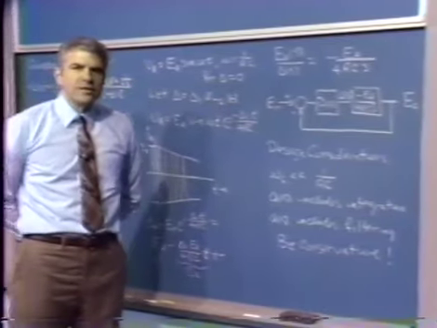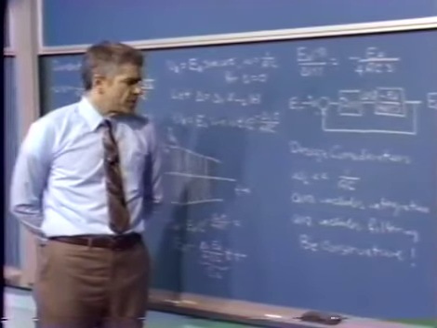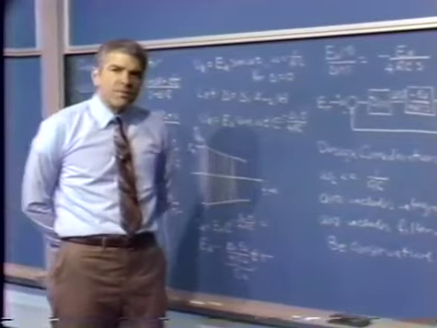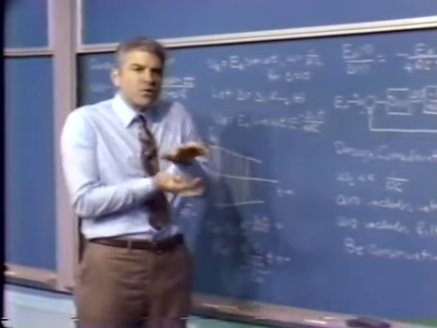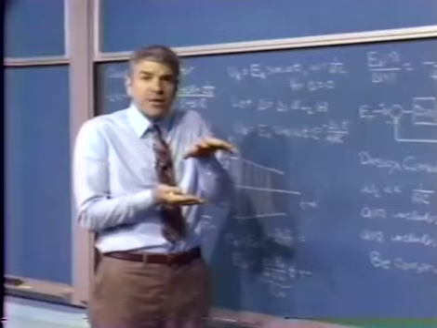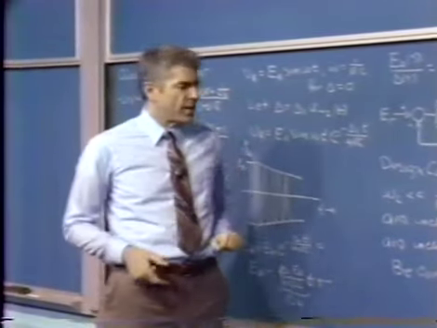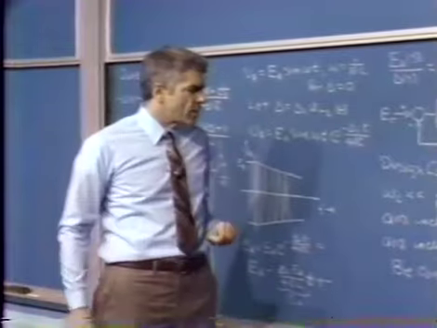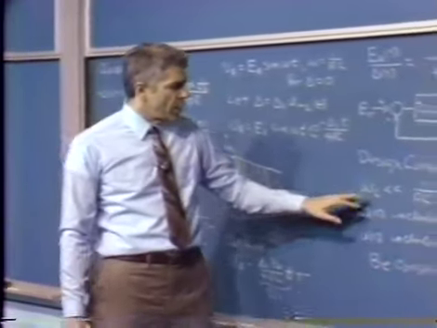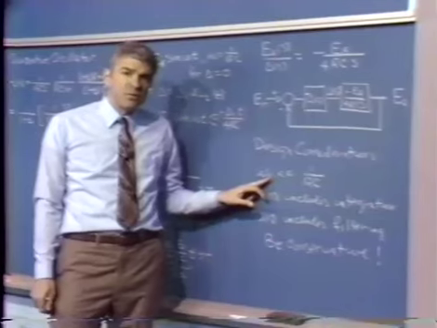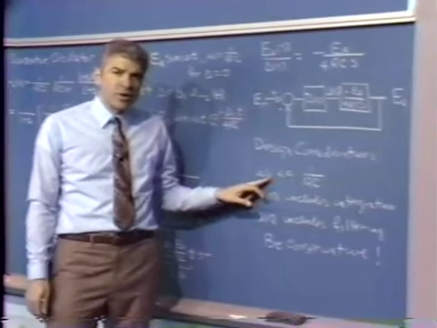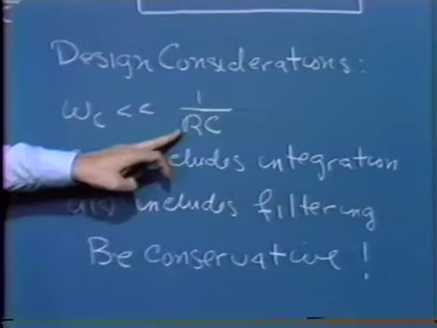When we go to do this, there's some practical things that we have to consider. One is that in order to make our analysis valid, where we sort of ignore the structure associated with a high frequency oscillation, the oscillator is providing a high frequency oscillation. If we ignore that, in order to ignore that structure, we have to have the crossover frequency in the loop that controls the amplitude of our oscillation much, much lower than 1 over RC.